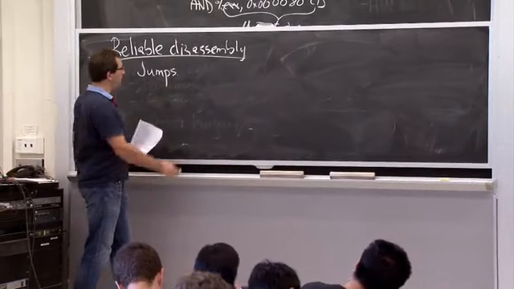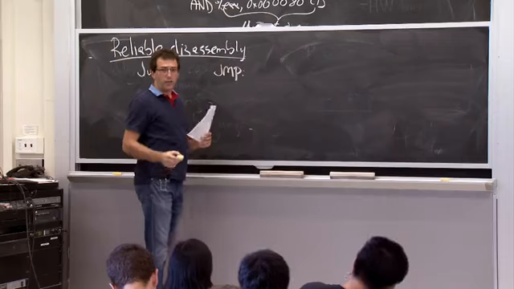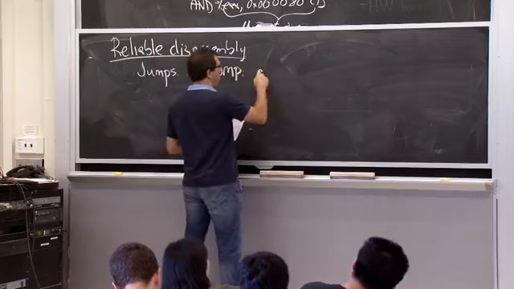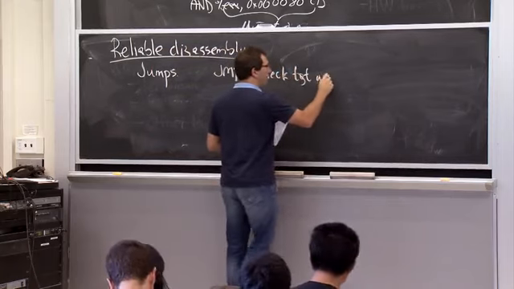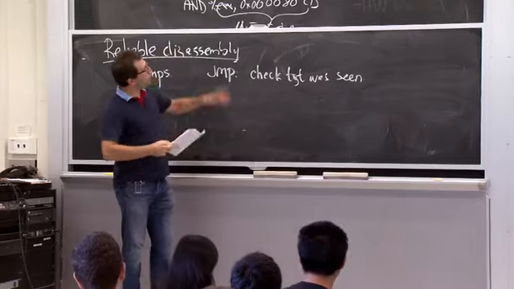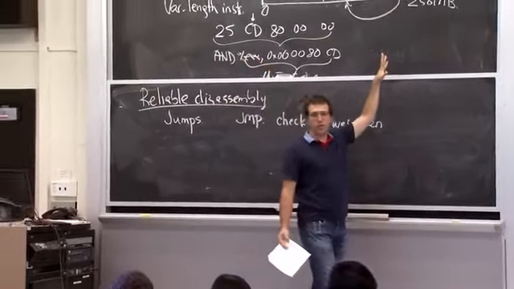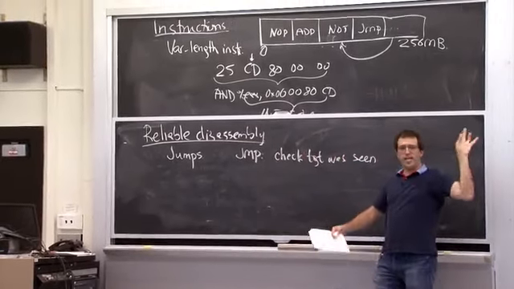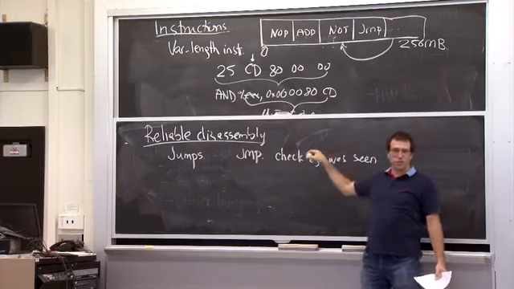But roughly, the plan is, if you see a jump instruction, you have to check that the target was seen before. So you basically do the left to right scan that we described in our naive approach. But then if you see any kind of jump instruction, you see what is the address to which the jump instruction is pointing.